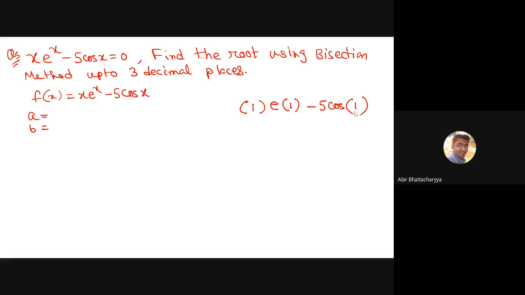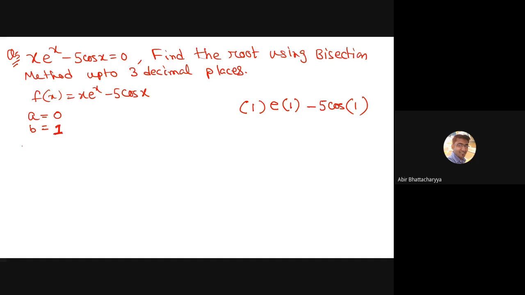All of you please write down what a and b are on the chat box. Correct, a equals 0 and b equals 1 is correct, and we can proceed according to that.